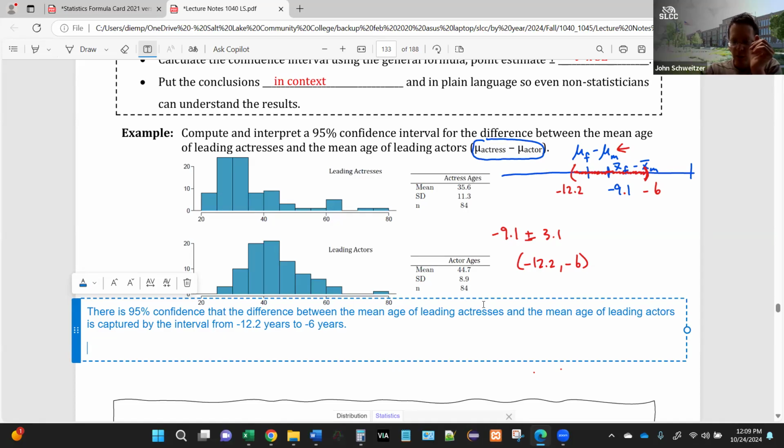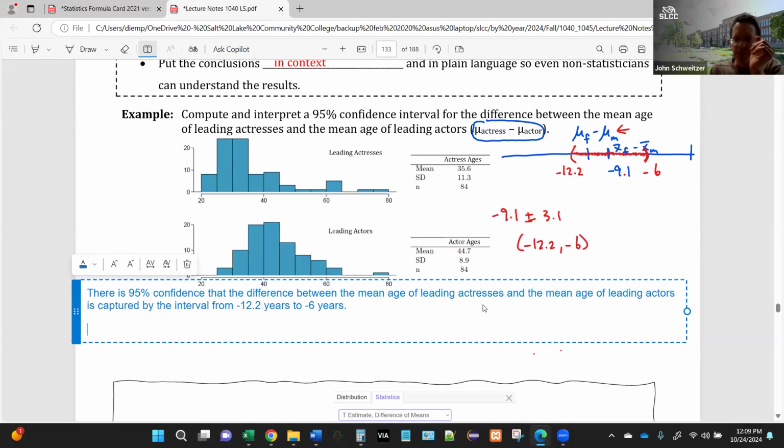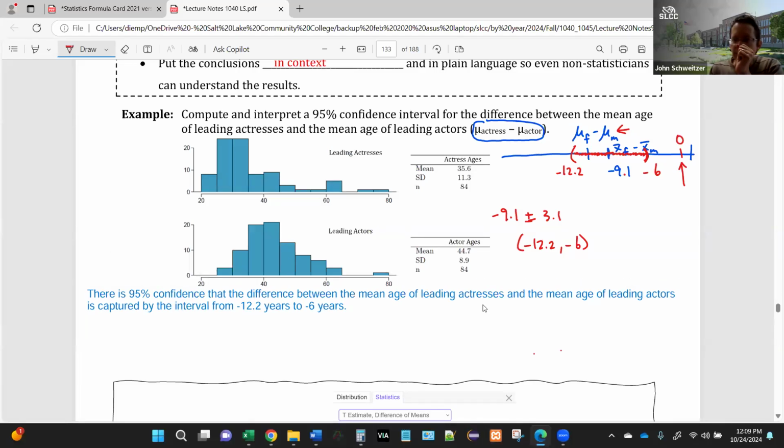What is the significance of 0 in the interval? Well, is 0 in this interval? If we look over here at our interval that we've drawn, this might be 0 right there. Notice that 0 is not in the interval.